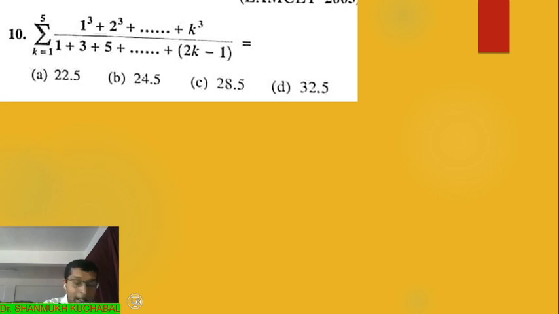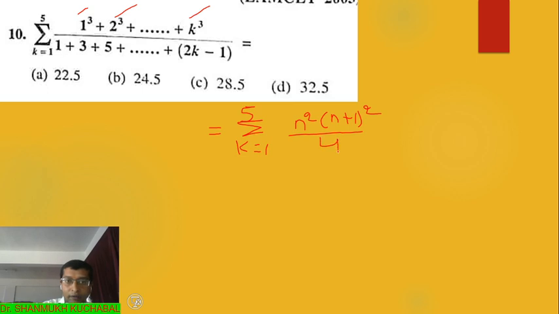So I can write this as summation of k equal to 1 to 5, and for 1 cube, 2 cube, up to k cube, we can write its nth formula as n square (n plus 1) whole square divided by 4, whole divided by 1 plus 3 plus 5 up to (2k minus 1).